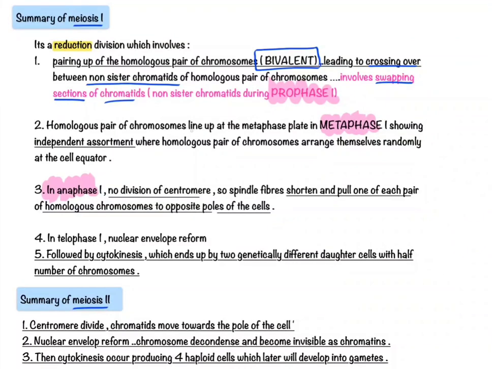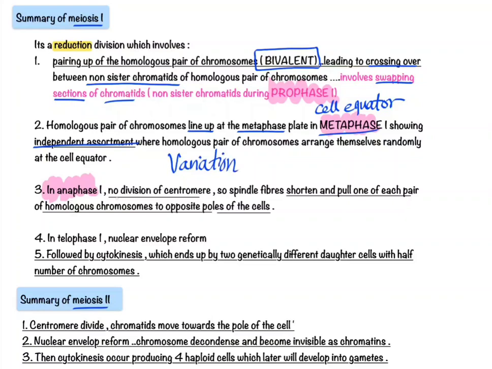Homologous pairs of chromosomes line up at the metaphase plate, or actually the cell equator, in metaphase I, showing independent assortment, where homologous pairs of chromosomes arrange themselves randomly at the cell equator, also causing variation.